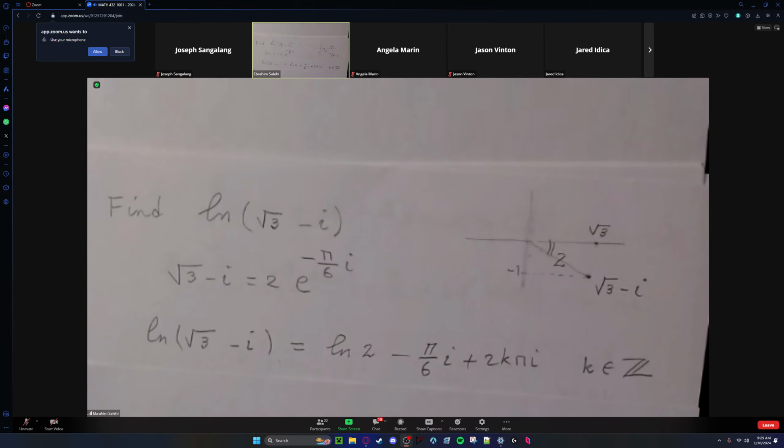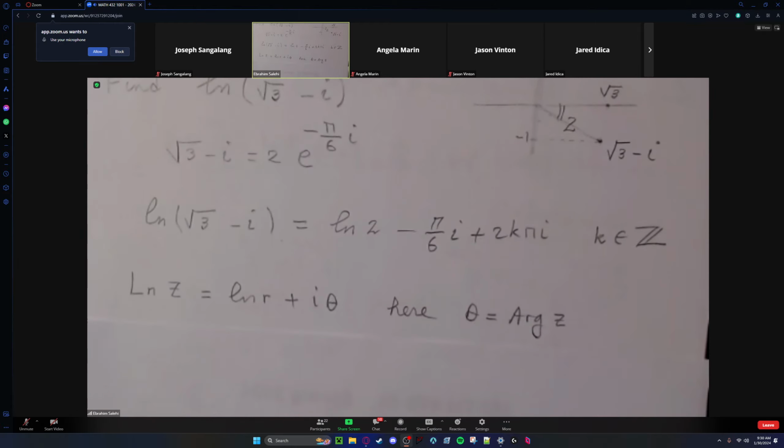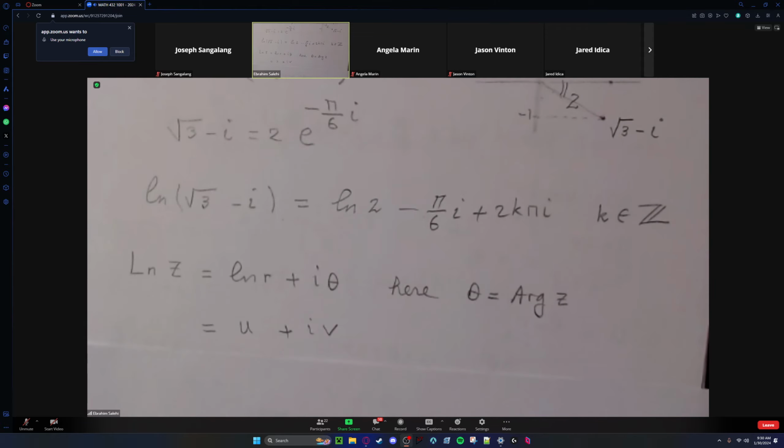There are infinitely many results when you take logarithm of something. Infinitely many. One of them is the principal argument. Okay, so here, this is the principal one. Well, theta is going to be the principal argument. Okay. Any comment? Any question?